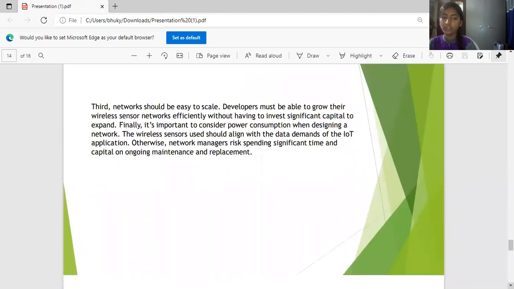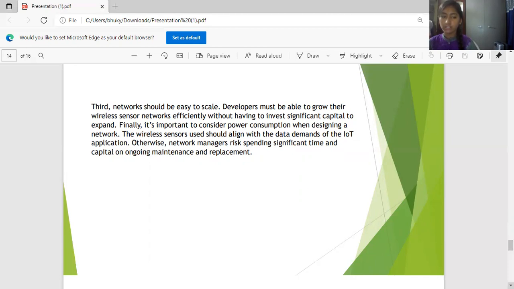Third, the network should be easy to scale. Developers must be able to grow their wireless sensor networks effectively without having to invest significant capital to expand. Finally, it's important to consider power consumption when designing a network.